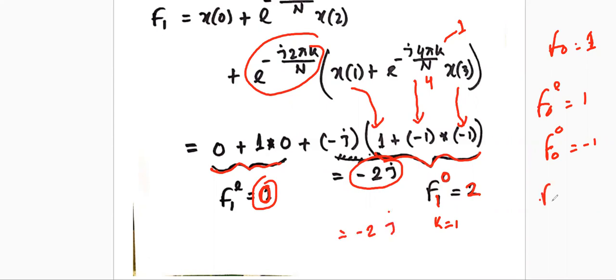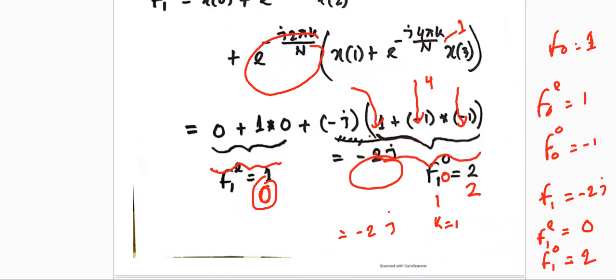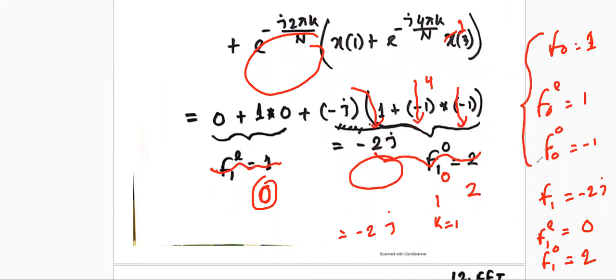So we can note it down. f1 is equal to minus twice j. What is f1 even function? f1 even function is 0. f1 odd function, what is the value? This is equal to 2. You need to understand. We have found these numbers. This is for f0.